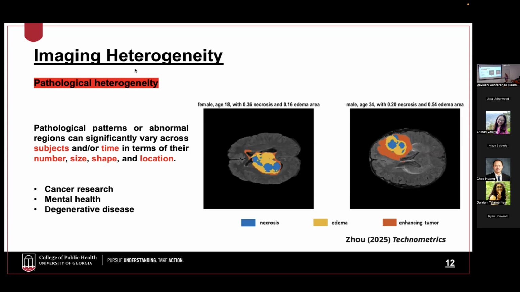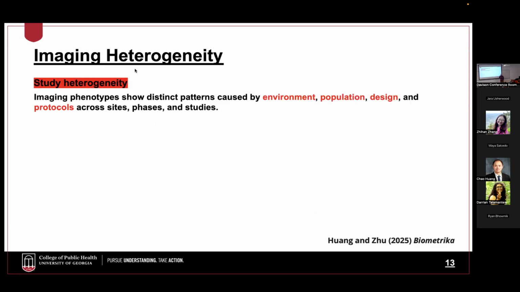Okay. And another heterogeneity I want to talk about today is study heterogeneity. So what is study heterogeneity? When we collect large scale imaging studies, we usually collect data from different sites, centers, or studies. No large scale imaging study collects from just one single center or one single hospital.